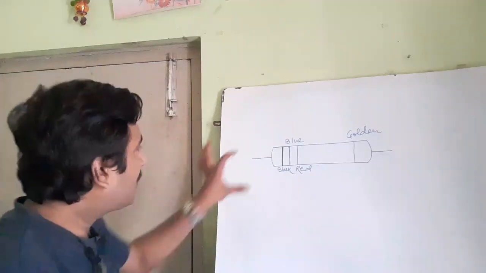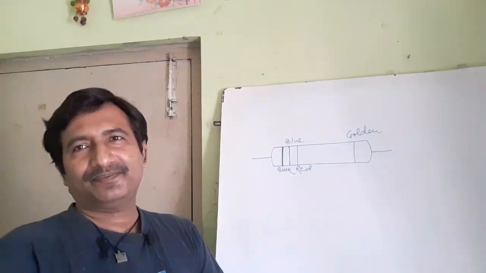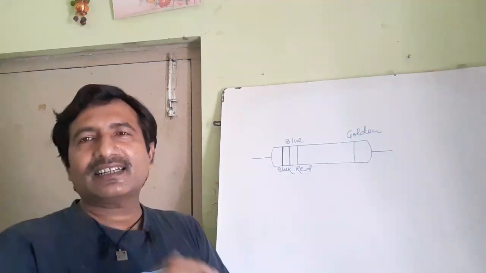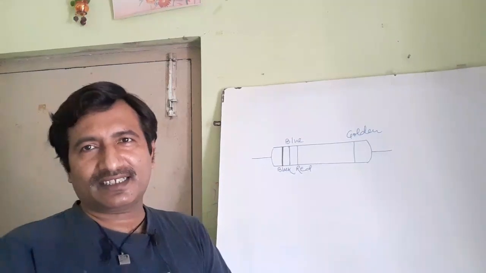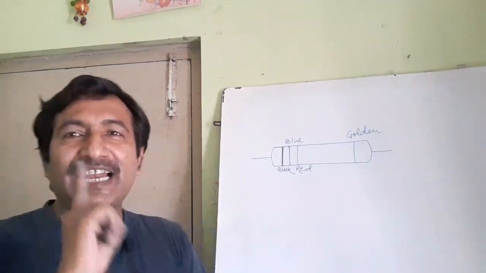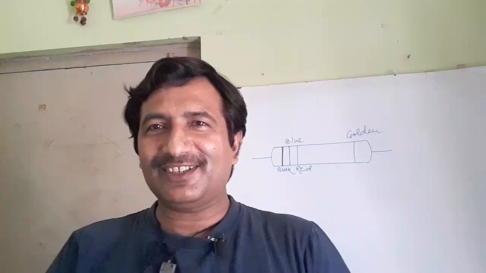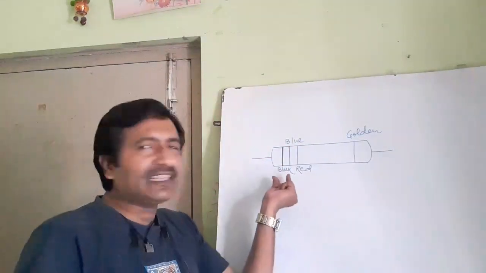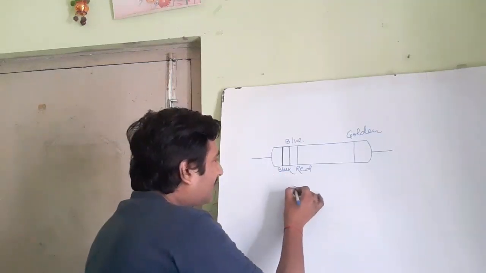You see, first color is black. You just look at the table for color code of carbon resistor. In that table, you see black, brown, BB Roy, red. Okay, so black represents 0. What does it mean? The first significant digit of the resistance is 0.